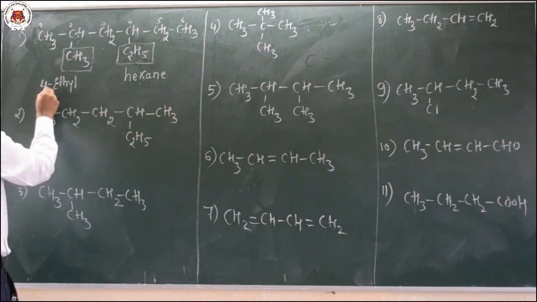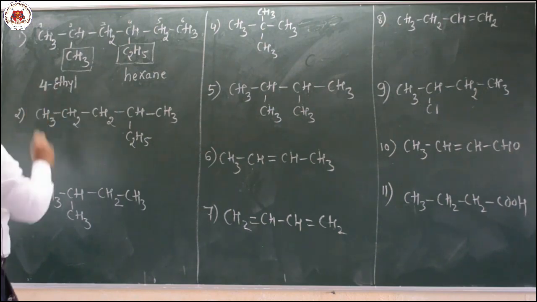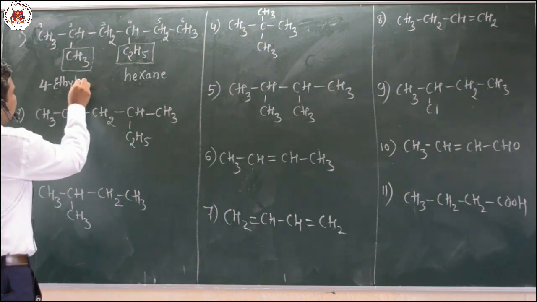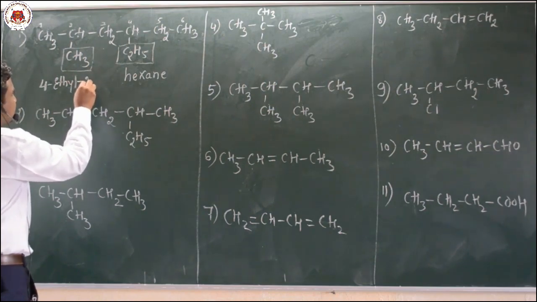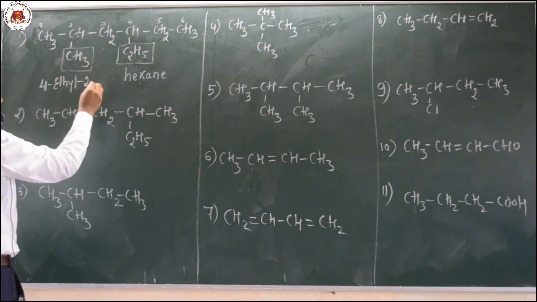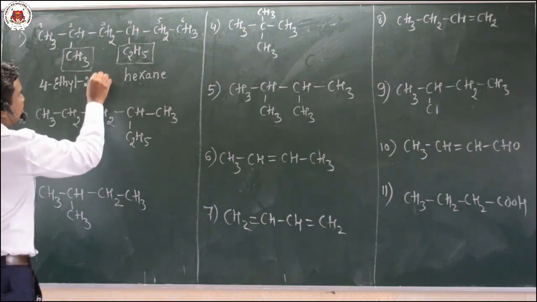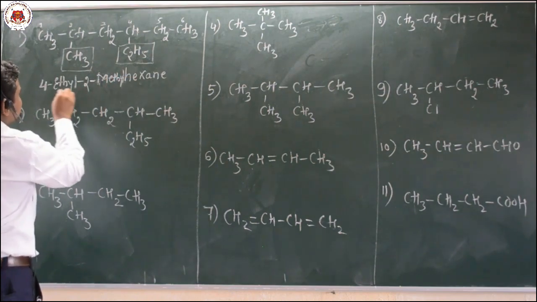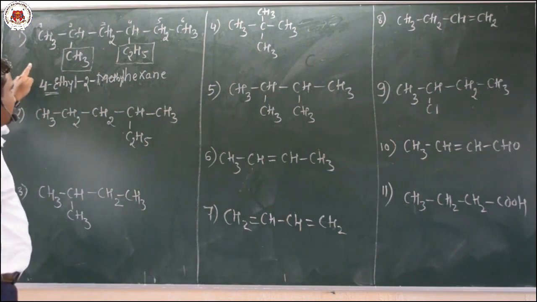As we discussed in previous videos, between the position and the name of the substituent group you have to put a dash, 4-ethyl. Again we mention the position of the methyl group, with a dash. At second position we have a methyl group, so I have to write 2-methyl hexane.